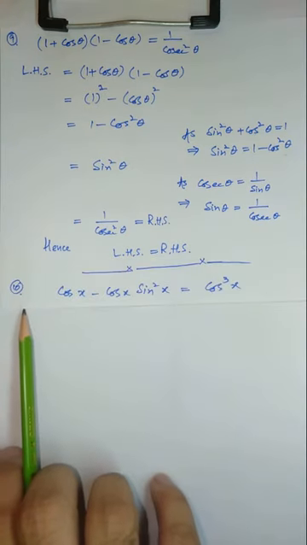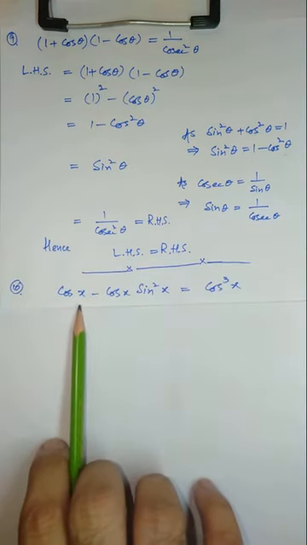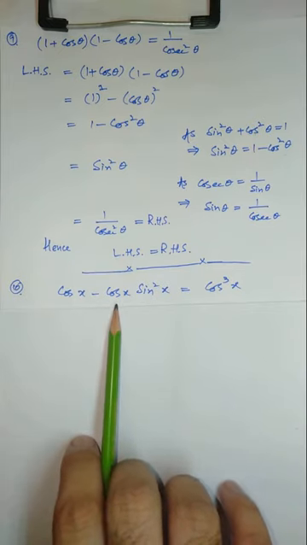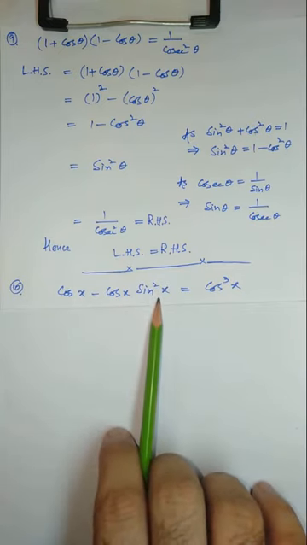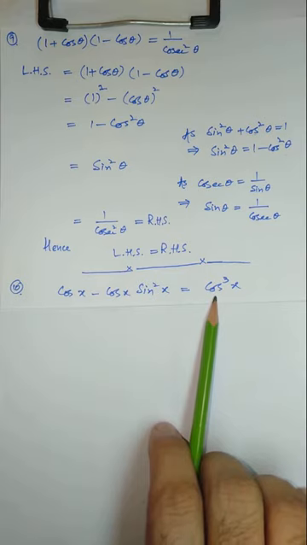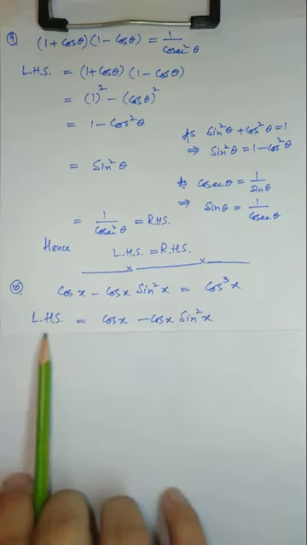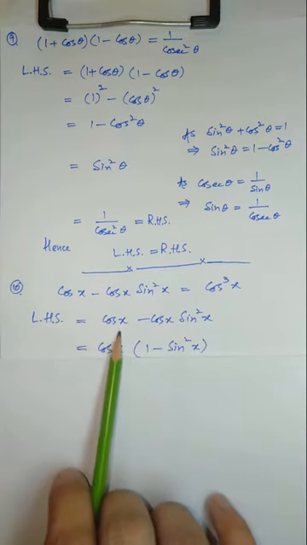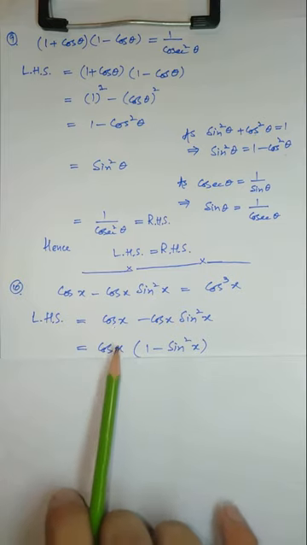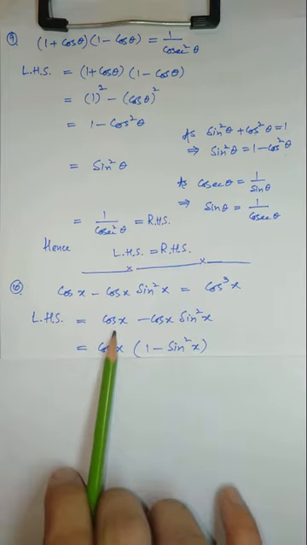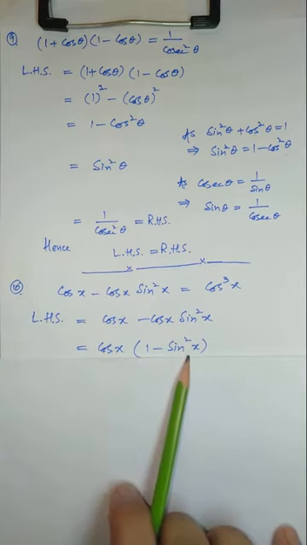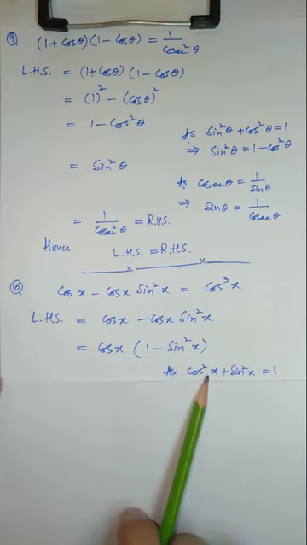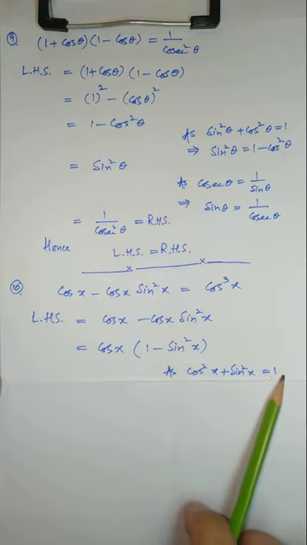Now moving toward question number 10, which is given cos x minus cos x into sin square x is equal to cos cube x. Taking left hand side, first we will take common cos x from both terms. So this is equal to cos x times 1 minus sin square x. As we know that sin square x plus cos square x is equal to 1.